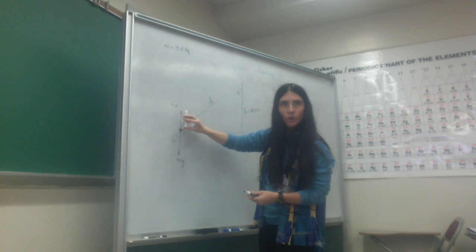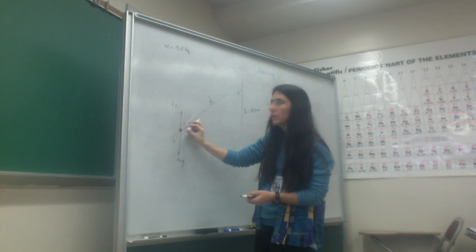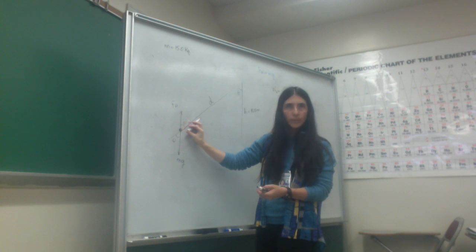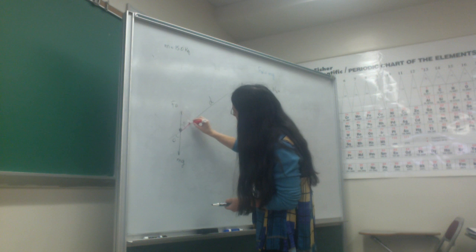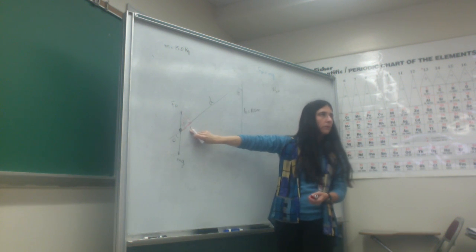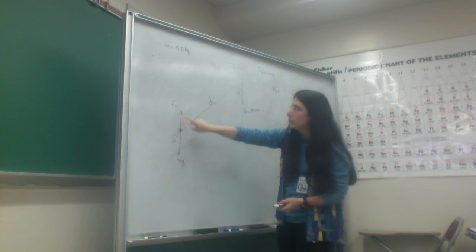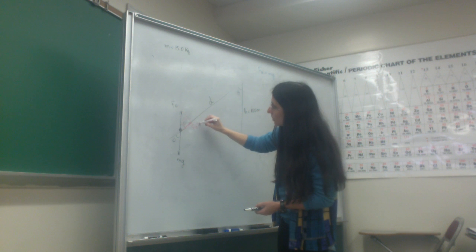This is the force, all right? But I don't care about this whole thing. I only care about the part that is parallel to my displacement. So I'm making a triangle here, so I can decompose this force and select only the one that is parallel to the displacement. Parallel to the displacement is that Fh, this is adjacent, so cosine of theta.